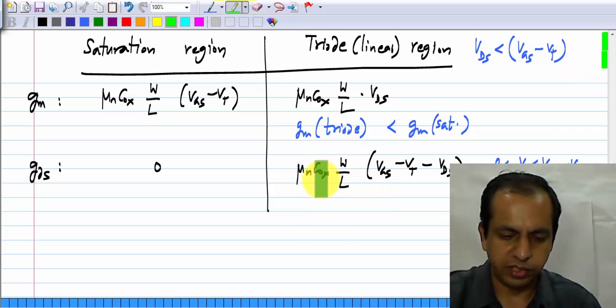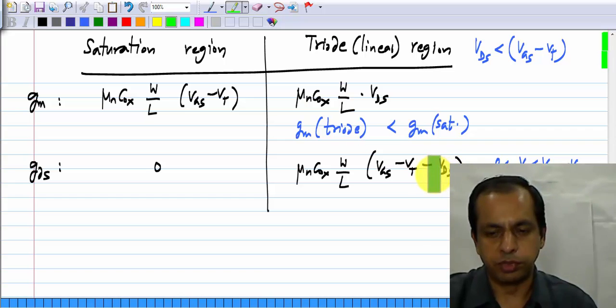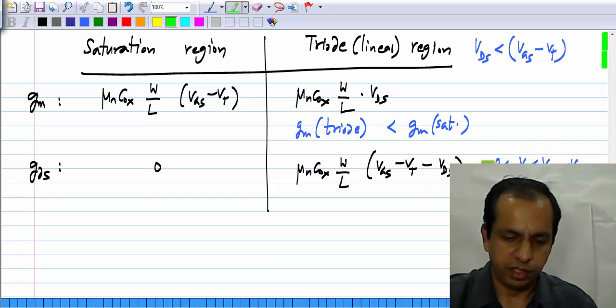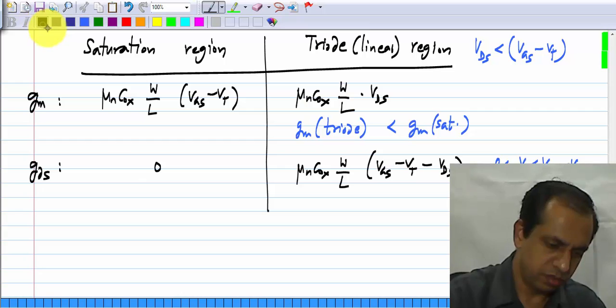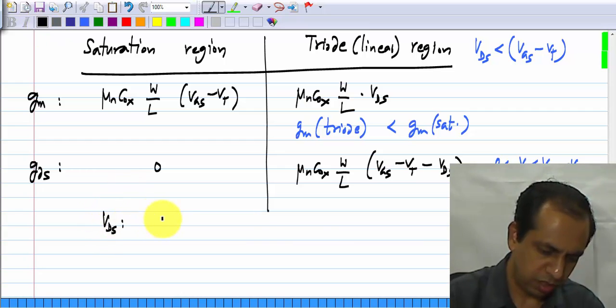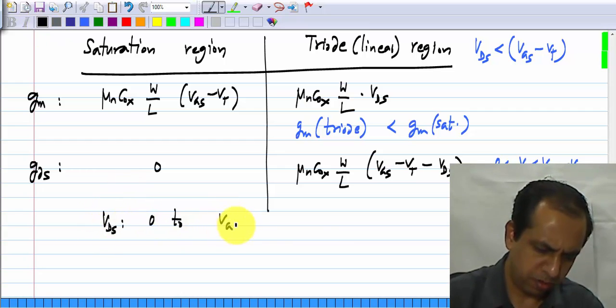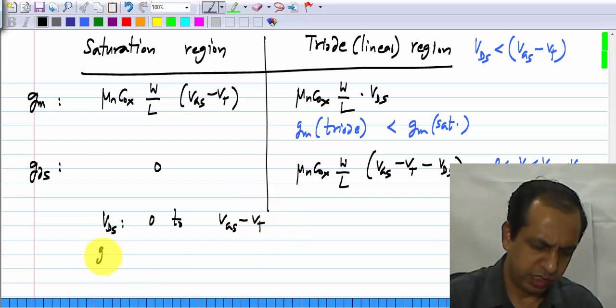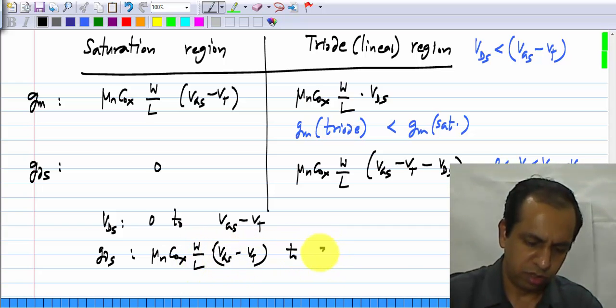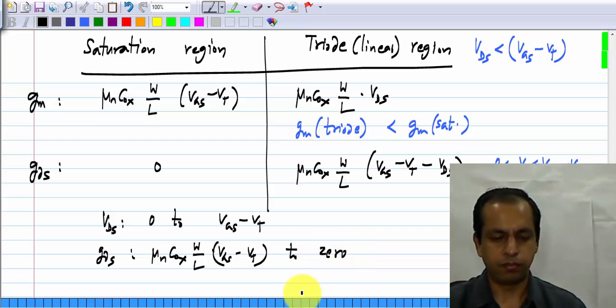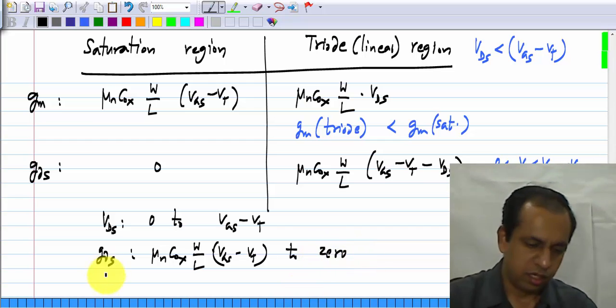And you can also see that in this case, as VDS goes from 0 to VGS minus VT, GDS changes from mu n Cox W by L times VGS minus VT to 0. Okay.